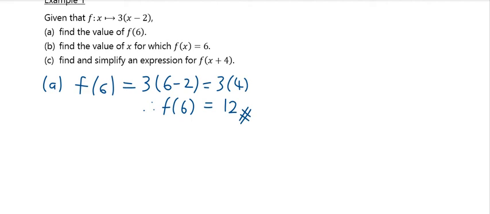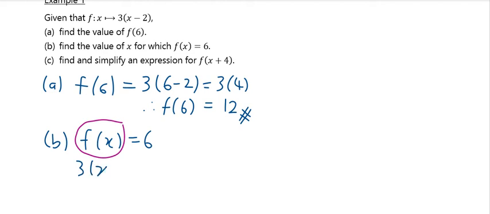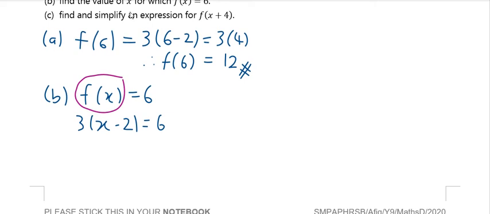The next one: find the value of x for which f(x) equals 6. So let's put in f(x) equals 6. You know that f(x) is 3(x minus 2), so you just have to solve this equation.